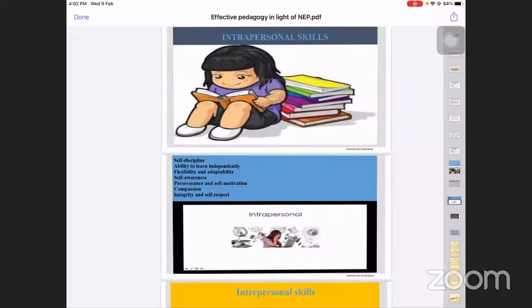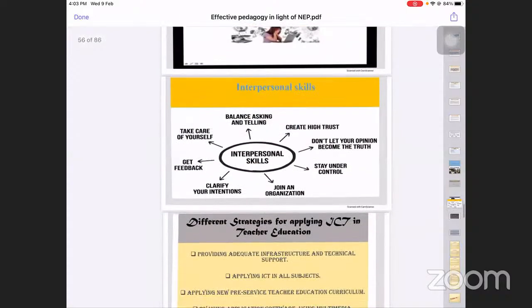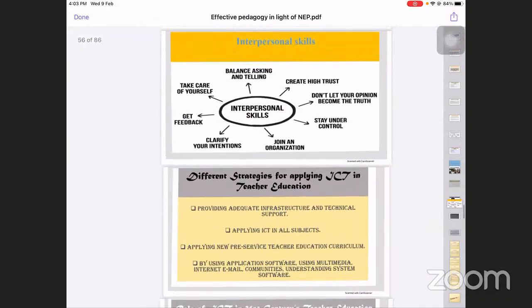It is beneficial for students in the sense that it makes a value-oriented personality by developing all these traits. And interpersonal skills: balance asking and telling, create high trust, don't let your opinion become the truth, stay under control, join an organization, clarify your intentions, get feedback, take care of yourself.